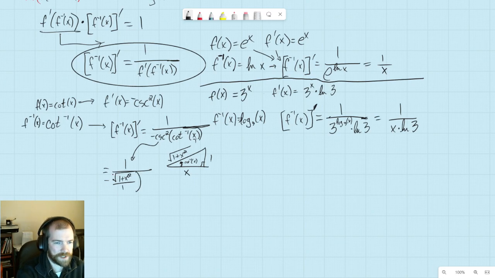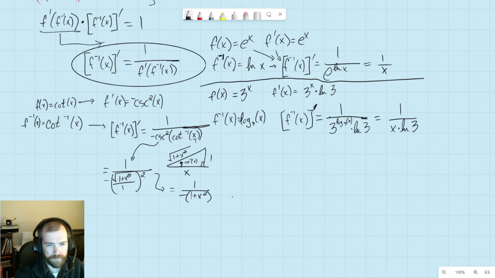And then parentheses around the square root portion, squared, because it was cosecant squared. So now this is going to be equal to 1 over negative, parentheses, 1 plus x squared. And I said, if any of you forget any of your inverse trig stuff, you don't need to memorize it. All you really need is this: know how to find the derivative of an inverse function of any kind. And then, voila, it works.